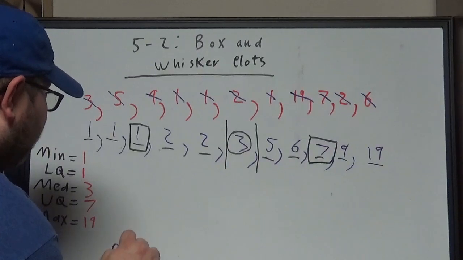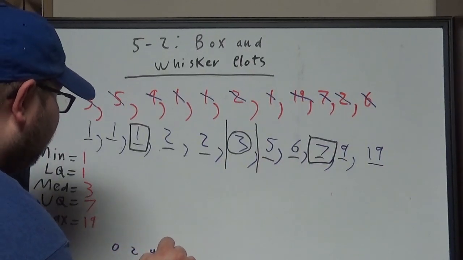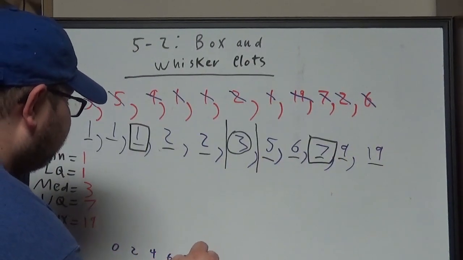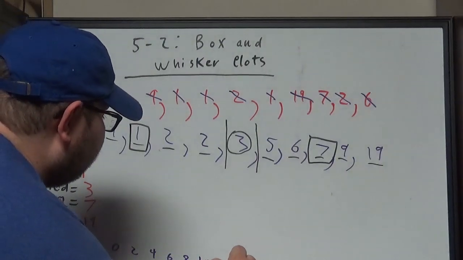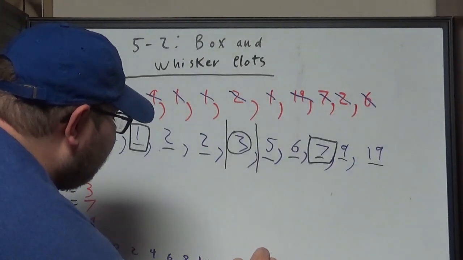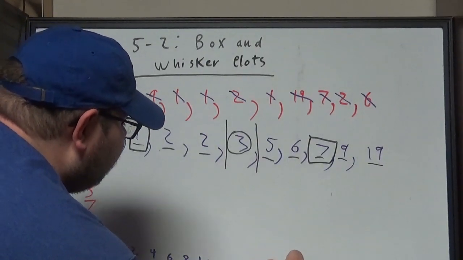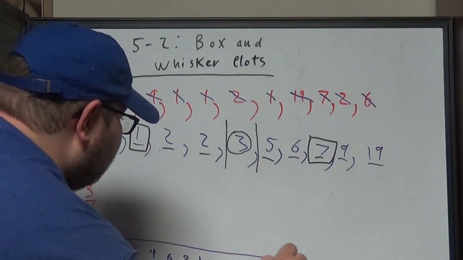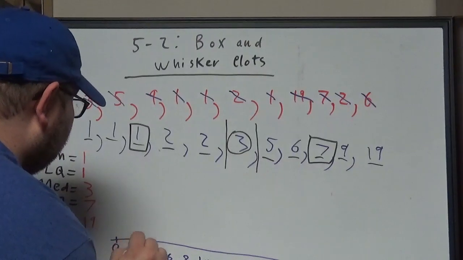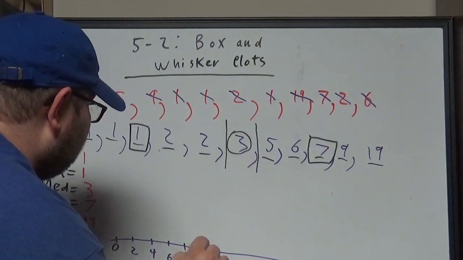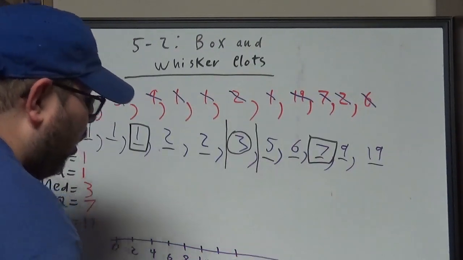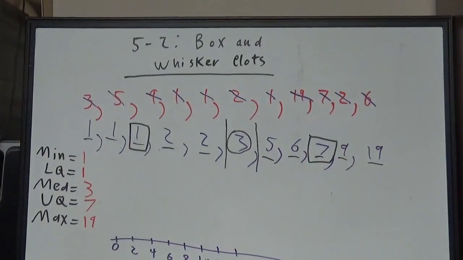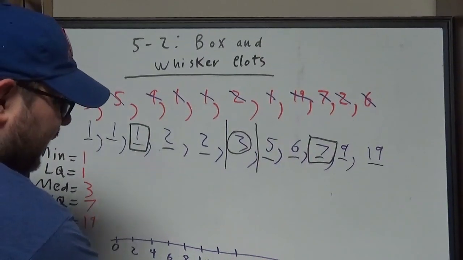So I'm going to put 0, 2, 4, 6, 8, and just even numbers. So if we have an odd number, just know it's going to be falling in between.